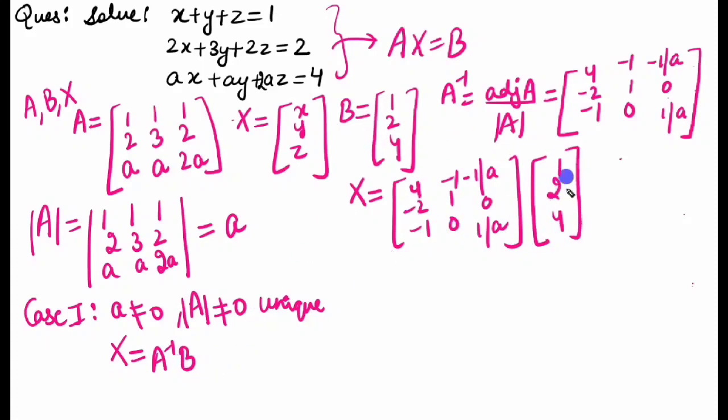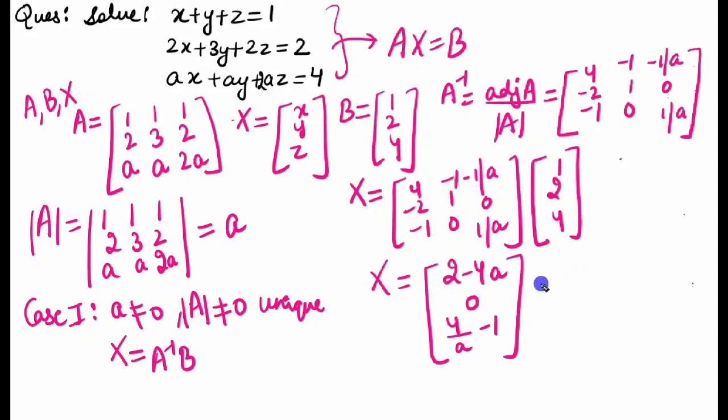Now by simple multiplication, this X comes out to be, this would be 2 minus 4a, and the second row would be 0. The third row would be 4 by a minus 1. So this is our matrix X. Matrix X was equal to x, y and z. Hence, from this we have got the solution.